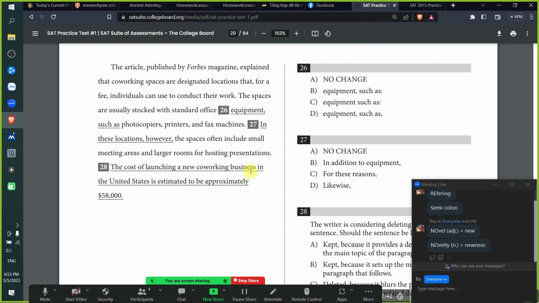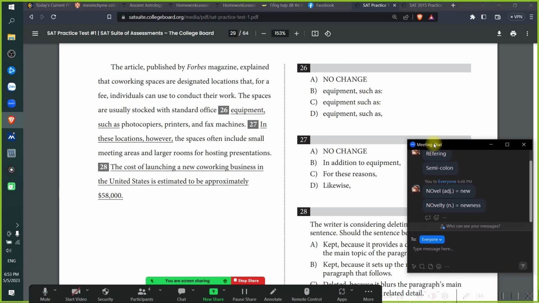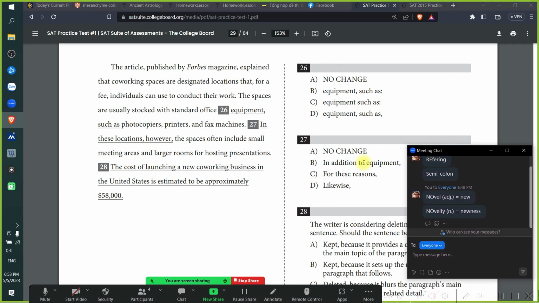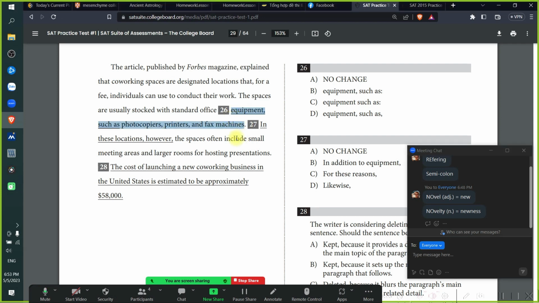27. B, in addition to equipment. In addition to equipment, right? Because before that, you were talking about equipment. So in 27, you need to talk about equipment as well, isn't it?